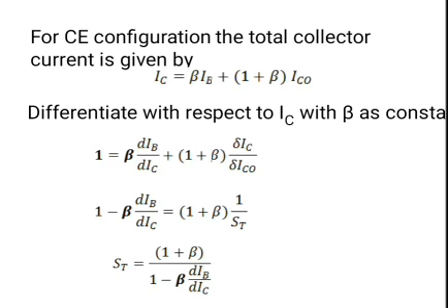For CE configuration, the total collector current is given by IC equals beta IB plus 1 plus beta into ICO. Differentiate with respect to IC with beta as constant. 1 equals beta delta IB divided by delta IC plus 1 plus beta delta IC divided by delta ICO.